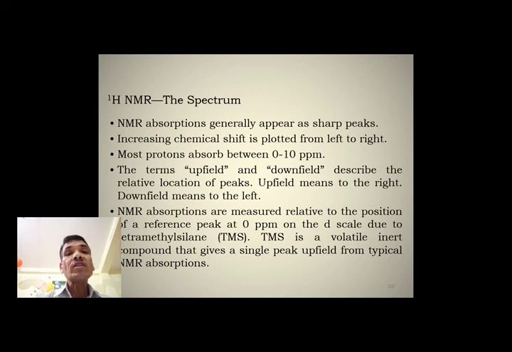The terms upfield and downfield in an NMR spectrum describe the relative location of different peaks. Upfield side means the right side, that is near to 0 delta value, while the downfield region is oriented towards the left side of this scale, near to 10 delta value.